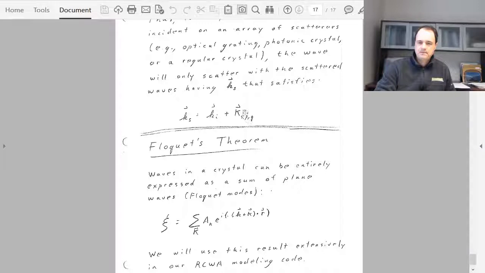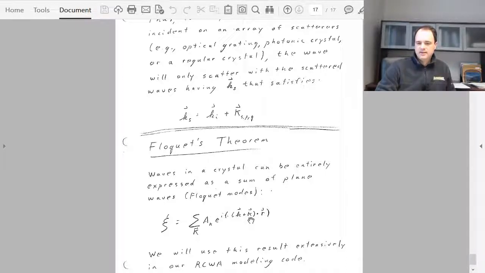All right? So again, all the waves in a crystal must have an effective K value whose only difference is that it is equal to K up to one of these K values.